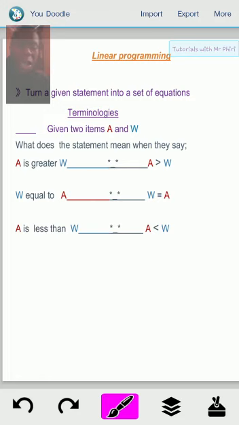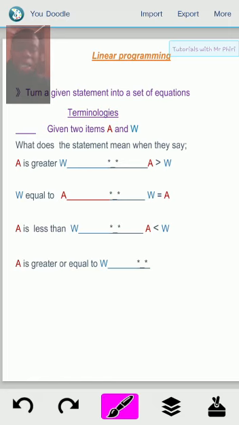When we say A is less than W, we mean A is smaller than W. So the small side of the symbol points to the small guy, and the big side points to the big guy.